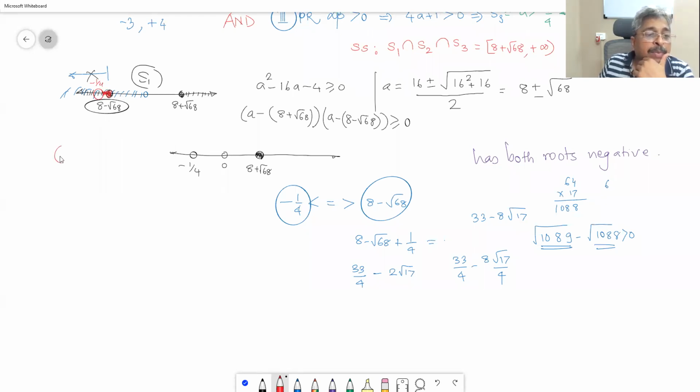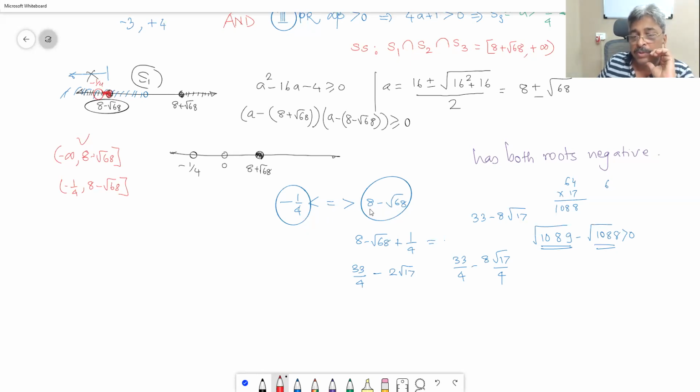Then minus infinity to 8 minus root 68, closed interval, will be the solution set. So either this answer or minus 1 by 4 comma 8 minus root 68 closed interval. One of the two will survive. So the question boils down to comparing minus 1 by 4 with 8 minus root 68.